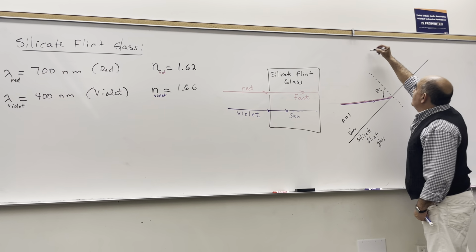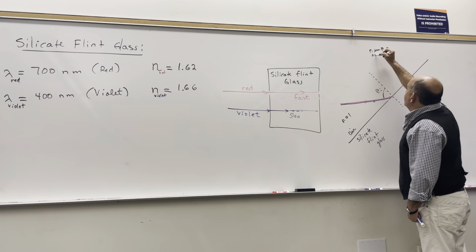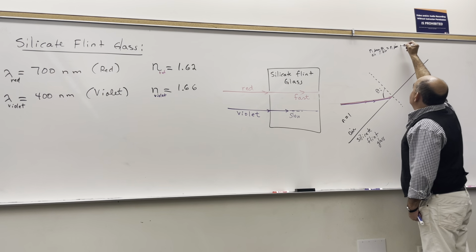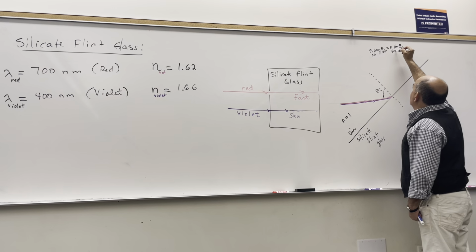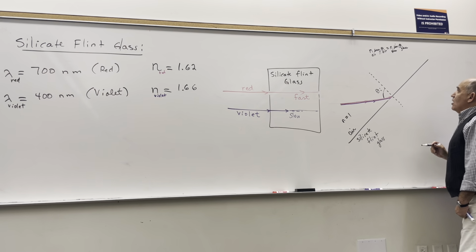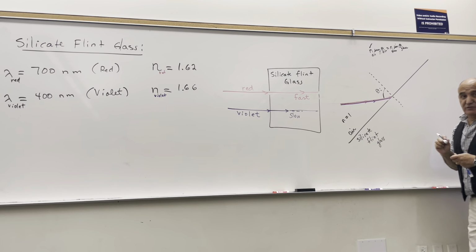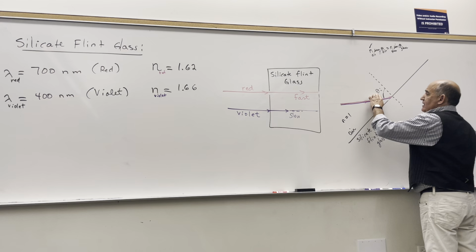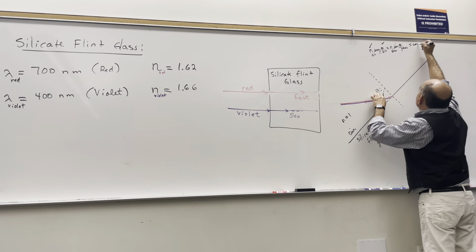So if we write n sine theta in air for medium number 1 equals n sine theta inside the glass, right? So this is the same for both colors. In air, which is not dispersive, the index of refraction is the same for both red and violet. They came in with the same angle of incidence, so this is a constant.